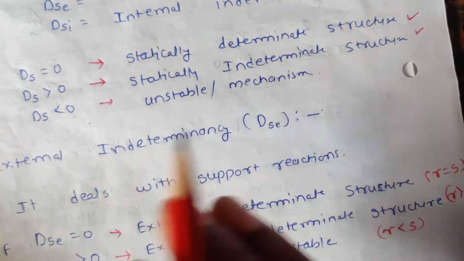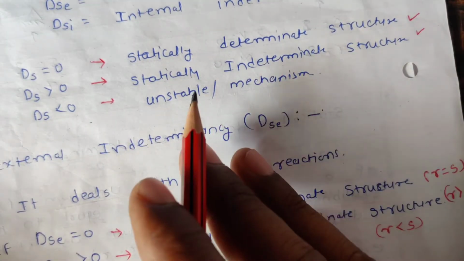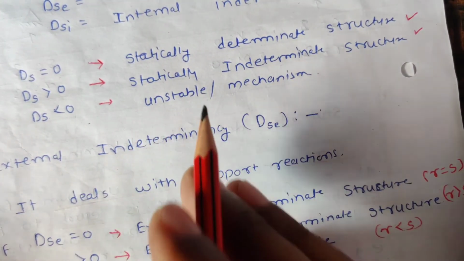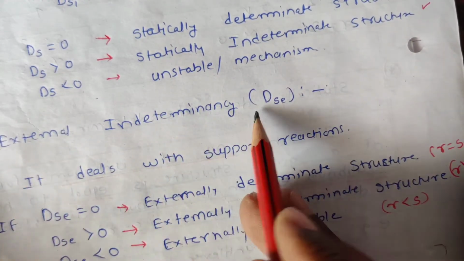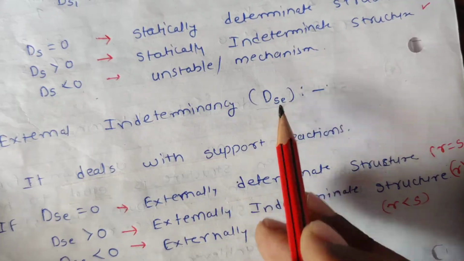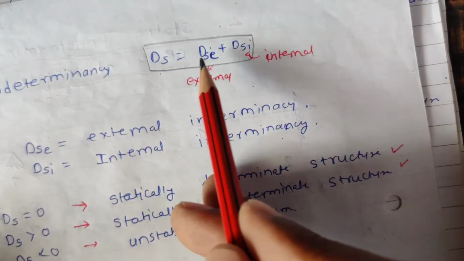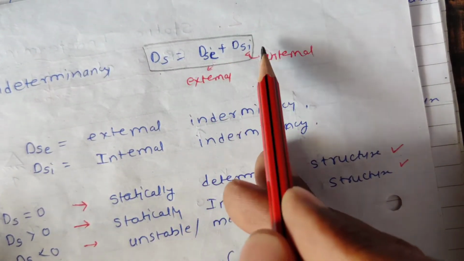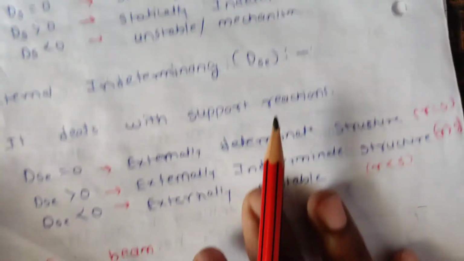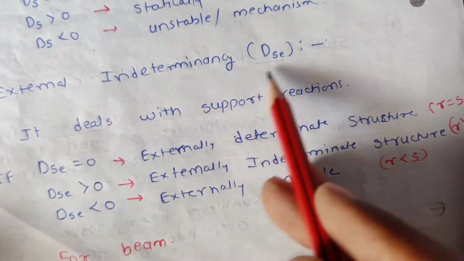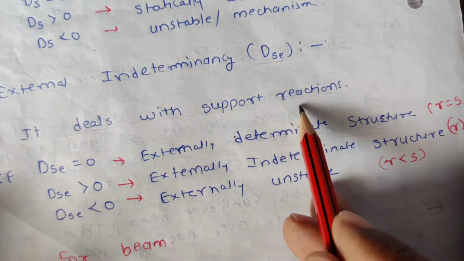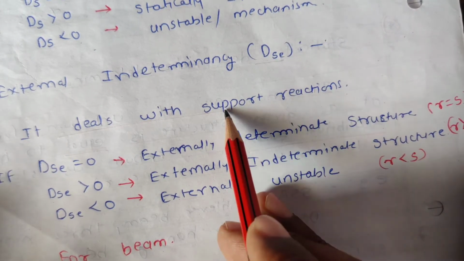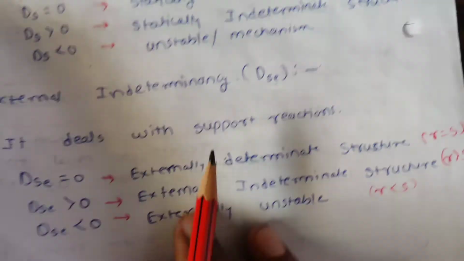Here there are two types: external indeterminacy and internal indeterminacy. First of all, we discuss external indeterminacy, which is DSE. DSI we will discuss later. DSE deals with support reactions.